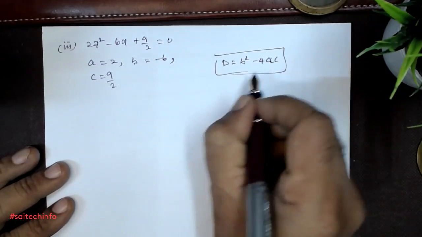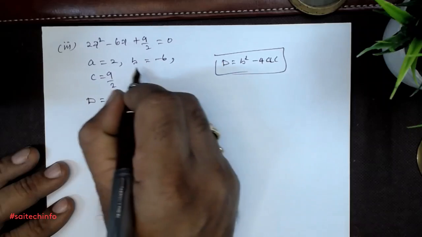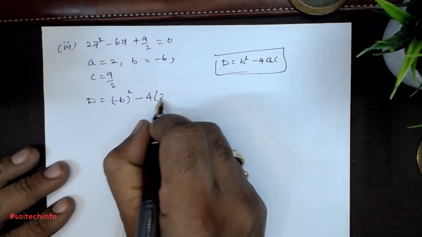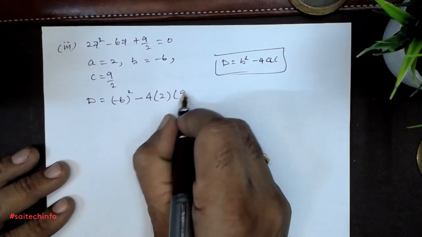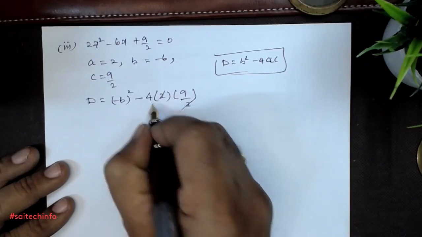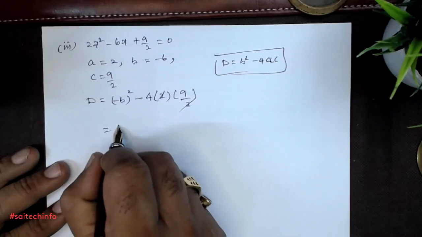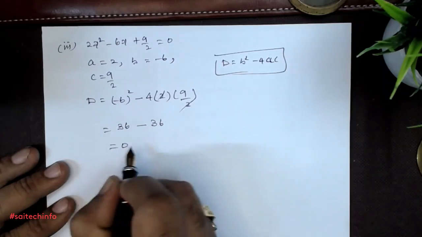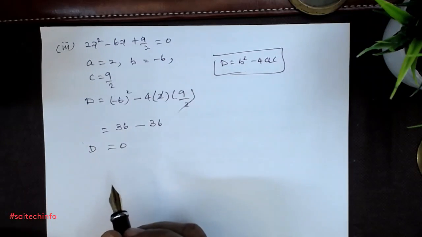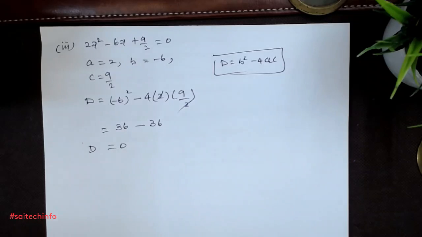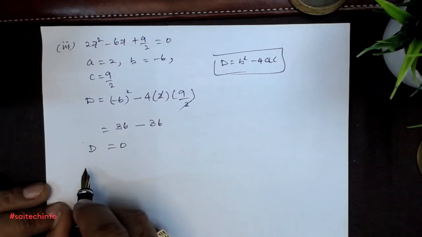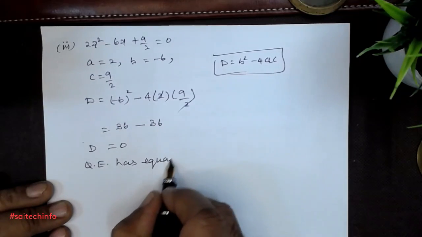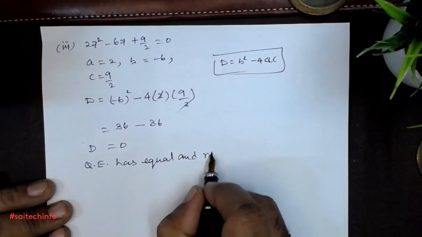So d is equal to minus 6 whole squared minus 4 into 2 into 9 by 2, that is 36 minus 36, which is equal to 0. So in this case, d is equal to 0, which means the given quadratic equation has equal and real roots.